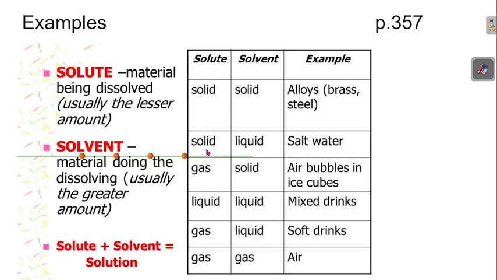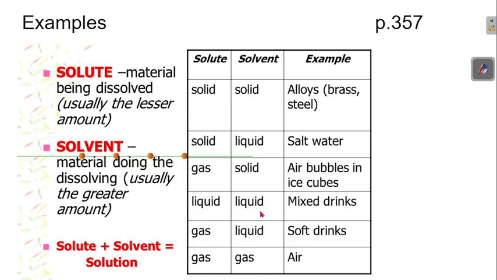An example of a solute that's solid and a solvent that's liquid is when you create salt water, or maybe when you put sugar in your tea, for example. A gas that is a solute in a solvent that is a solid, when you put air bubbles in an ice cube. A liquid with a liquid, mixed drinks, maybe when you put alcohol in water, they dissolve one another, mix each other.